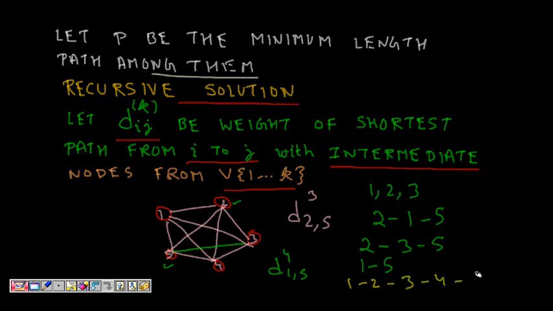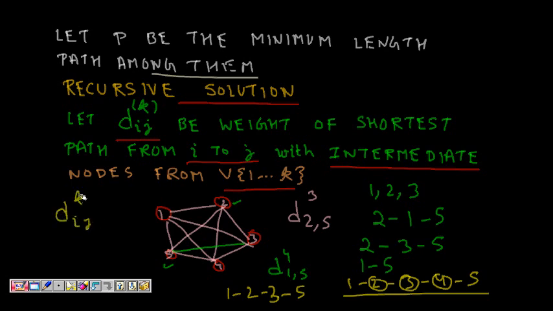This is also possible because the intermediate nodes are 2, 3 and 4. And we can also have 1 to 2, 2 to 3 and 3 to 5 directly. So here also I'm just using nodes 1 to k, where k is 4. So this is fine. This is one example to make you understand the meaning of Dijk.